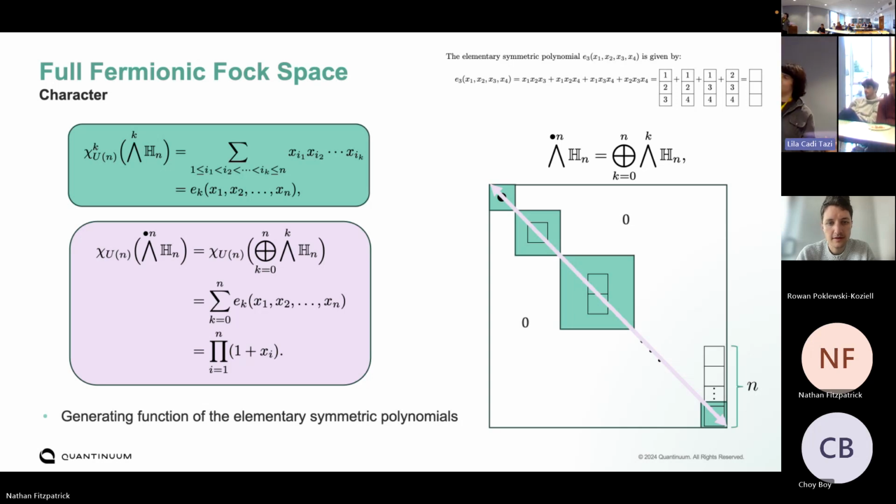This is just a cool way of generating the character of the particle number of the full fermionic Fock space. But the main point is that the trace of the representation is this special generating function of the elementary symmetric polynomials. It's not quite that; there's normally an extra variable here, but we don't need to go into that.